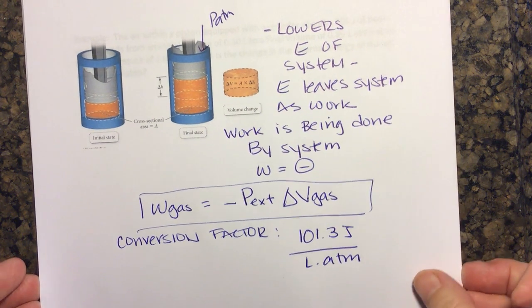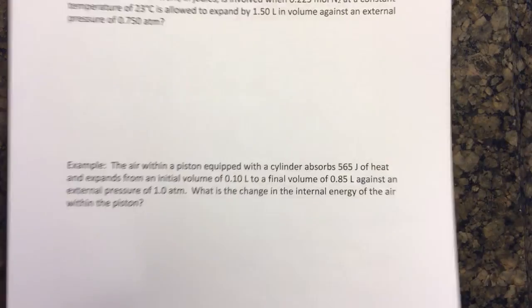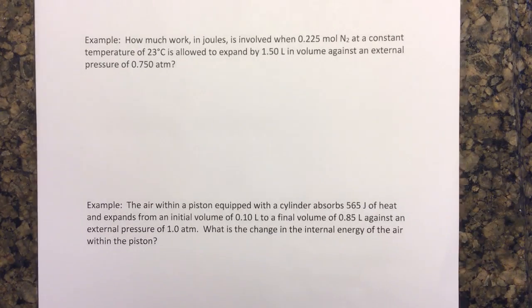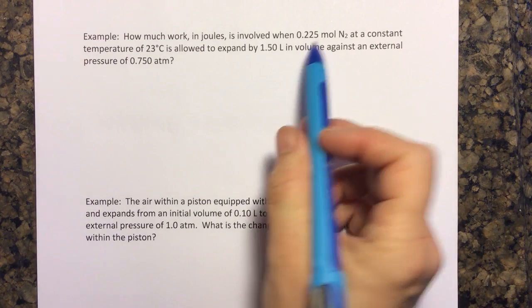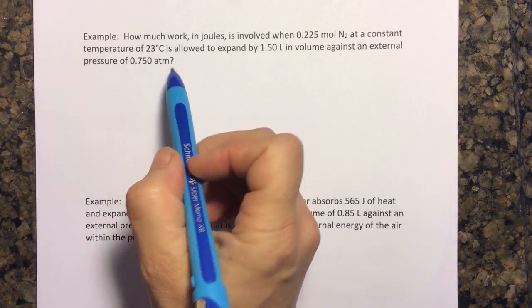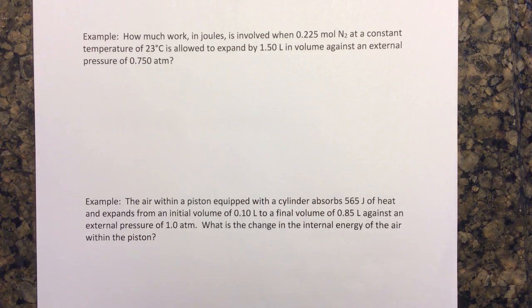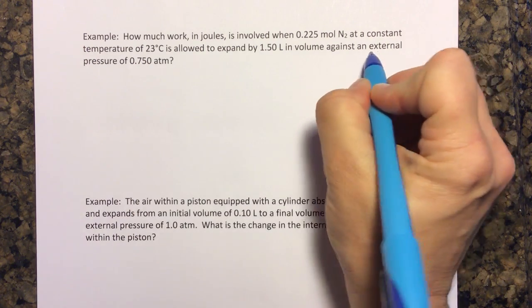Let's take a look at our first example. How much work in joules is involved when 0.225 moles of nitrogen at a constant temperature of 23 degrees Celsius is allowed to expand by 1.50 liters in volume against an external pressure?